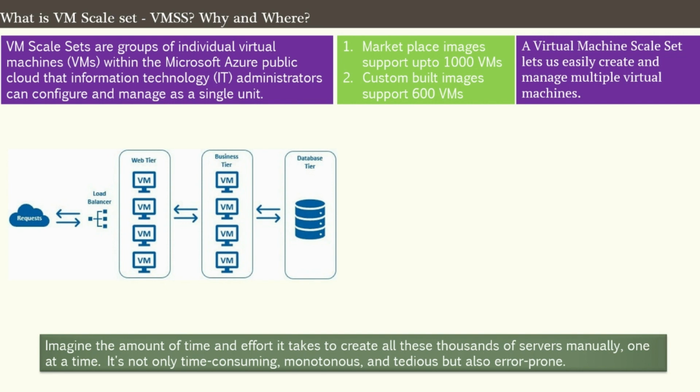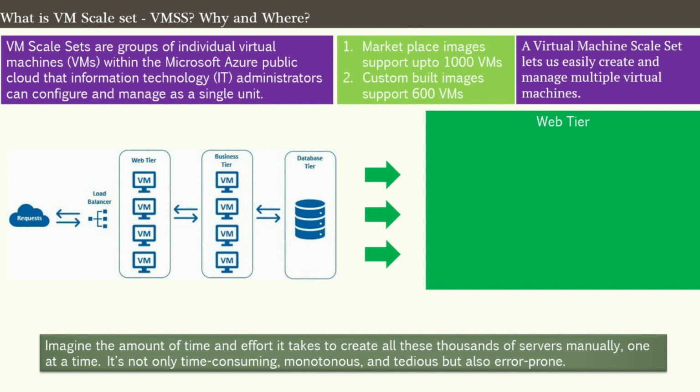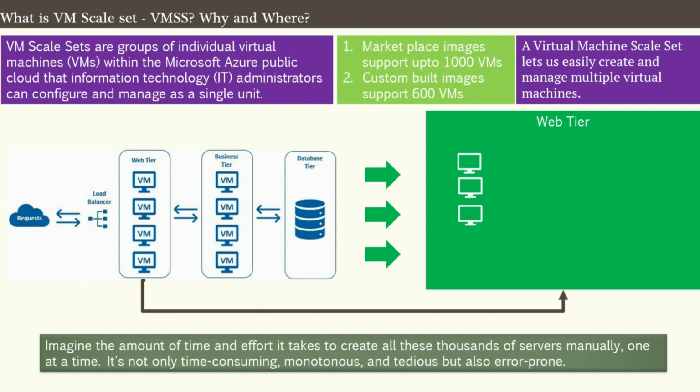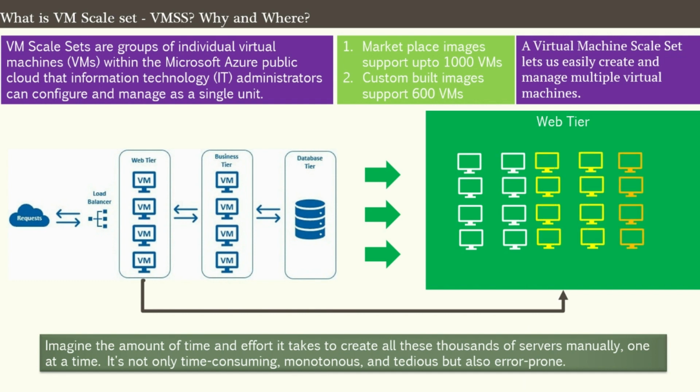Here we have a three tier architecture comprising a front end, a business tier, and a business database tier. If there is a sudden increase in the number of requests that hit the web tier, it is important to scale the web tier to serve the incoming requests. Look, this is what is going to happen. Your web tier will be auto scaled based upon the incoming requests.